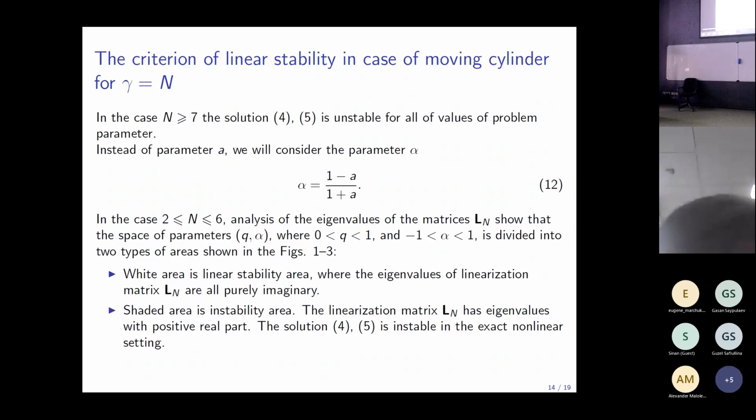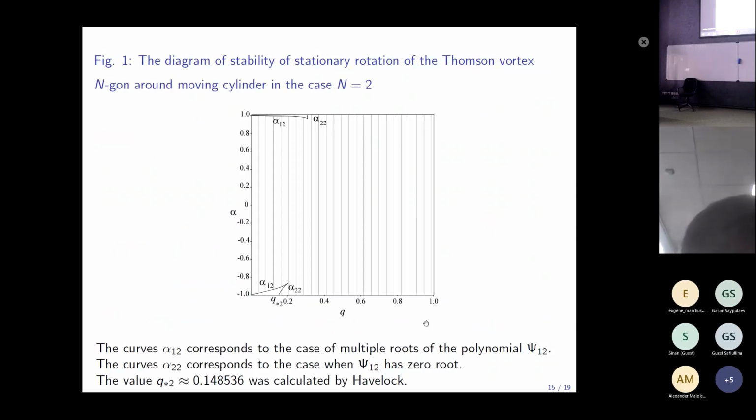Next slide, please. Fig 1. The diagram of stability of stationary rotation of a Thomson vortex n-gon around a moving cylinder in the case n equals 2. We have two white areas of linear stability and a shaded area of instability.